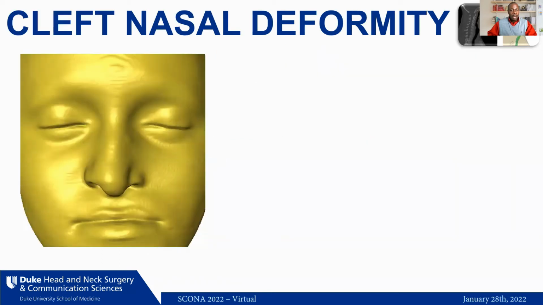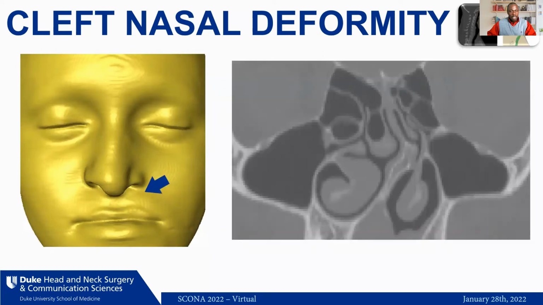We then applied our algorithm to a patient with cleft lip nasal deformity. The left side is the cleft side, as indicated by the arrow. Here is a CT image of the same patient.